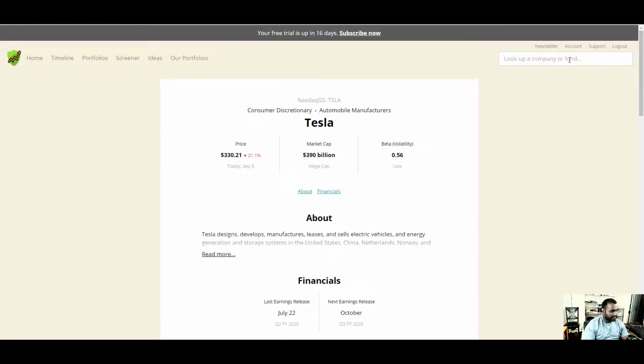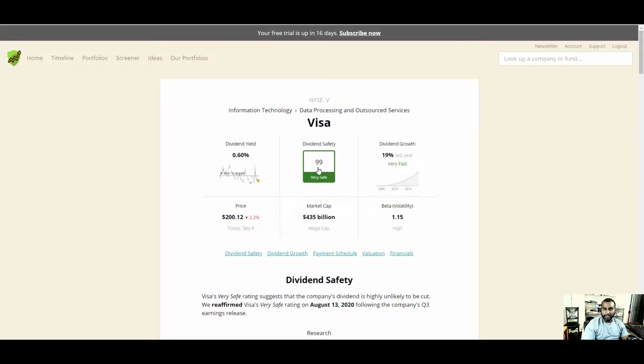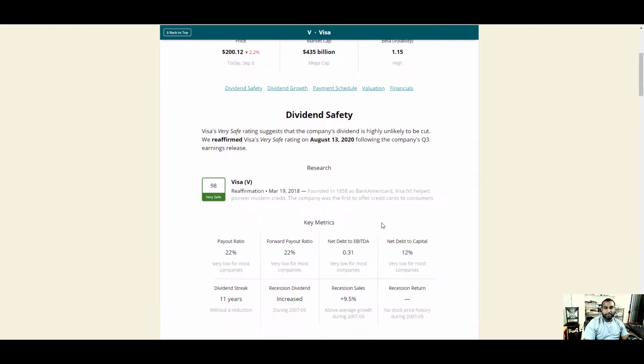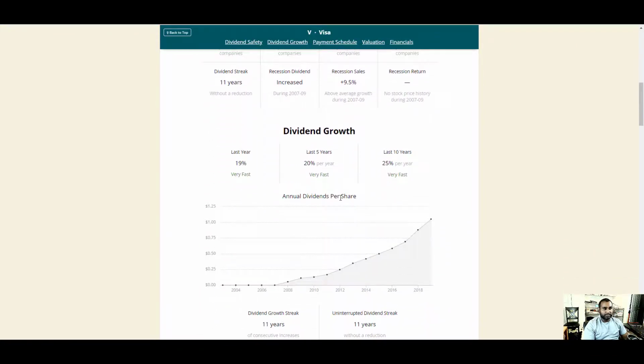Let's look at Visa. You guys, they got 99. So basically, you use this information to buy very solid fundamental companies. I recently came across somebody, kind of extended family, who asked me, hey, I have some money, what do I do?